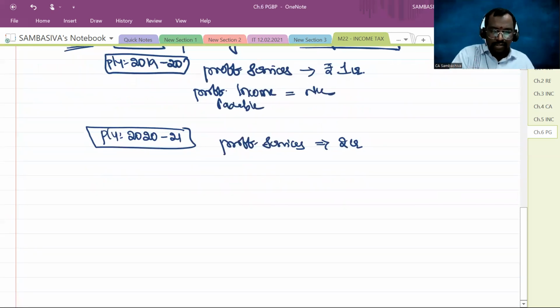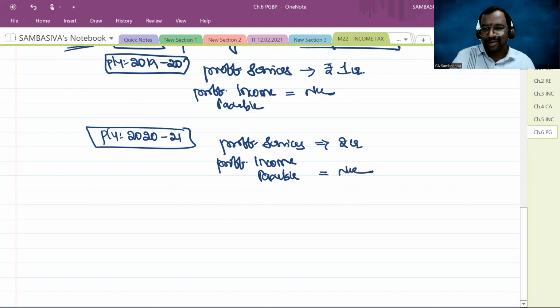Now, my question is, what is the professional income taxable for the previous year 2020-21? Answer, nil, zero. Because again, he followed the receipt basis of accounting. Again, he has not received even a single rupee from his clients. So his professional cash receipts are zero. Hence, nothing will be taxable under the head PGBP.